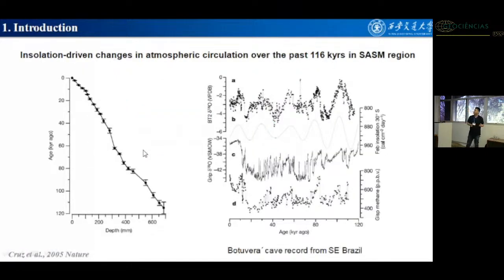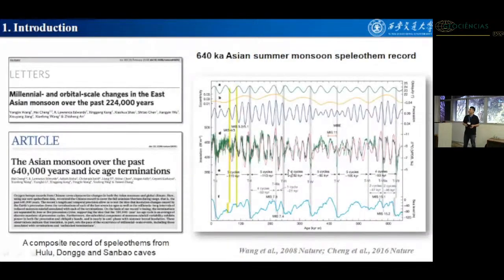Another pioneer work from South America is Cruz's work in 2005. It also shows the insolation drives the atmospheric circulation in the past 116,000 years. A composite record of speleothems from Hulu, Dongge, and Sanbao Cave built the Asian monsoon intensity record during the last 640,000 years.